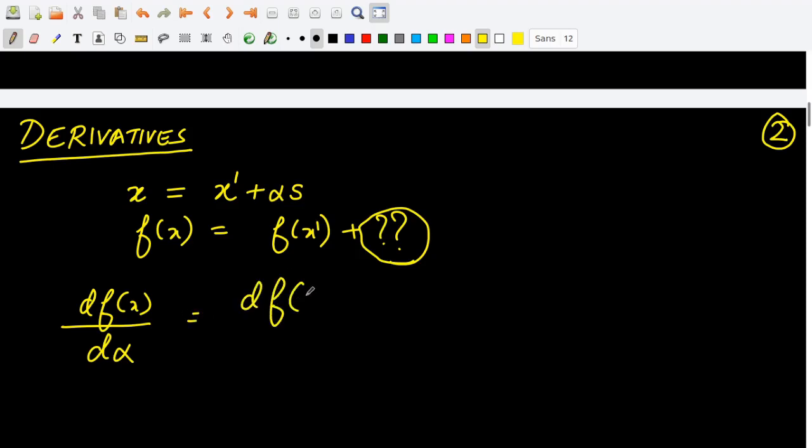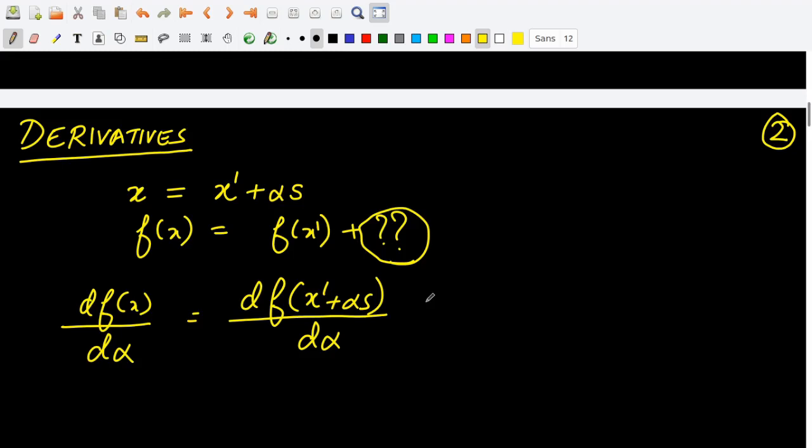So just for clarity, let's write it like this, with a slight abuse of notation. And what is this going to be? So remember that f is a function of several variables. It's not a function of one variable. It is a function of n variables. And alpha is a scalar.